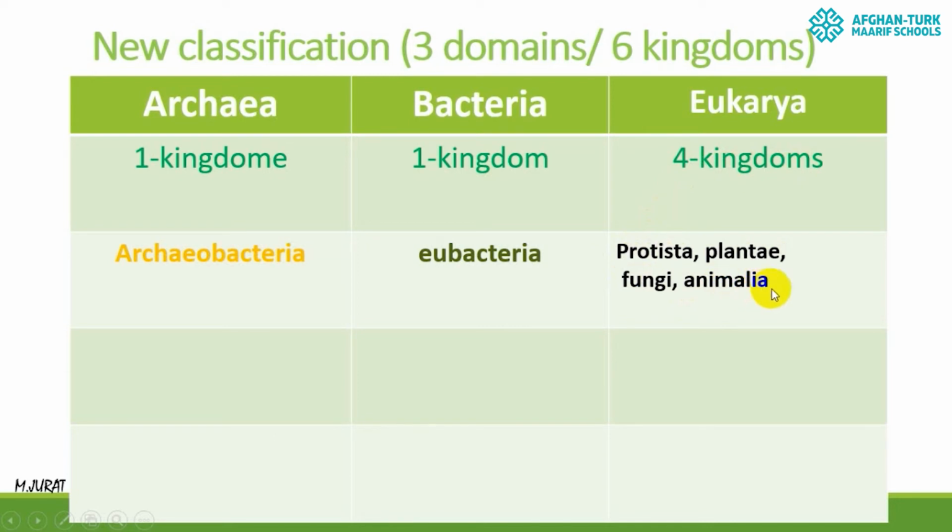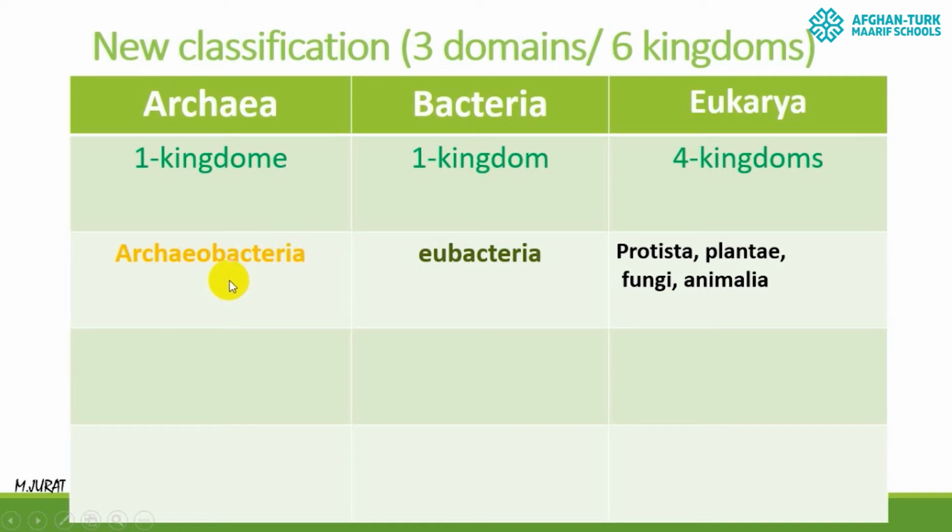So, I want to continue my lesson by describing domain archaea. Domain archaea, with one kingdom, which is Archaebacteria, can be found in harsh environments, types of environment where we cannot find other living organisms.